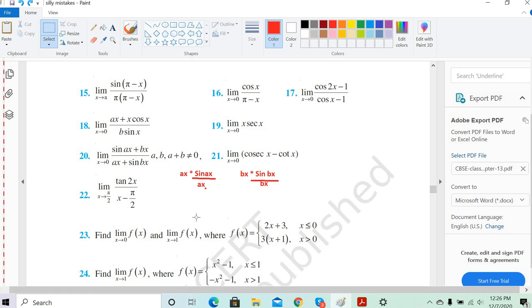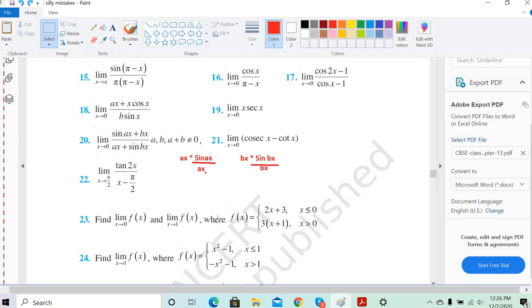Understood this part? Yes, sir. Once you got this part, then you apply the limit, you will get the answer. So is it 1? Yes, absolutely correct. The answer is 1.